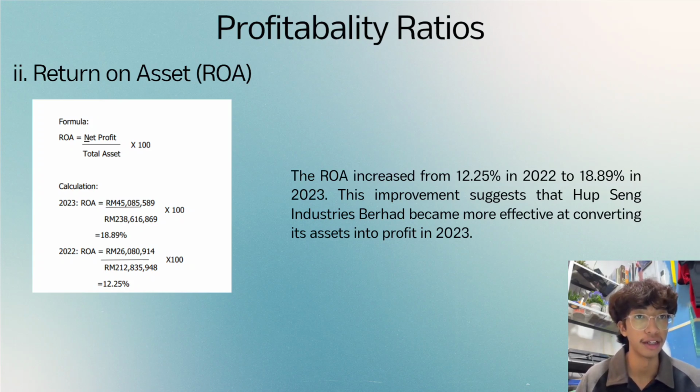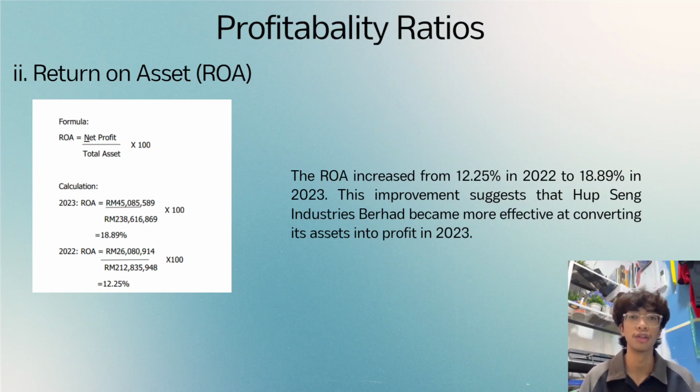This indicates that ROA increased from 12.25% in 2022 to 18.89% in 2023. This improvement suggests that Hup Seng Industry Berhad became more effective at converting its assets into profit in 2023.